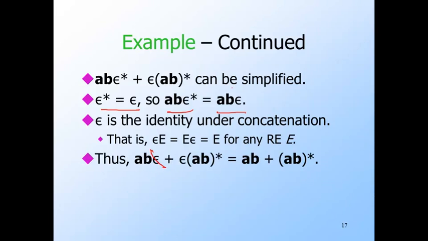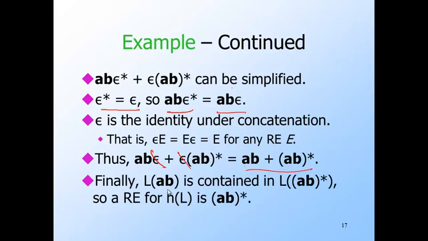That is, these guys go away, leaving us just that. Okay. But the language of AB is just one occurrence of AB, while the language of AB star is any number of occurrences of AB, including exactly one occurrence. Thus, we can just drop the term AB here, and we are left with just AB star.